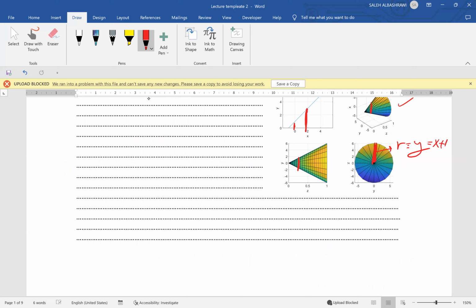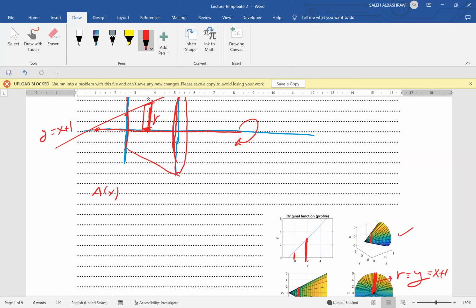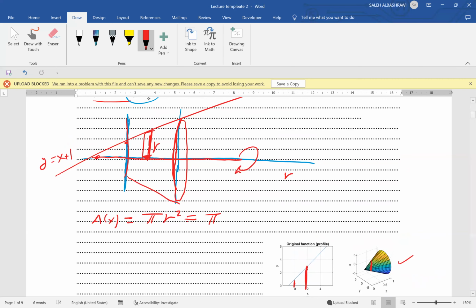Because we know that the volume is given by A(x) multiplied by delta x, and A(x) is equal to pi r squared. R gives me the height of this rectangle, which is denoted by y.